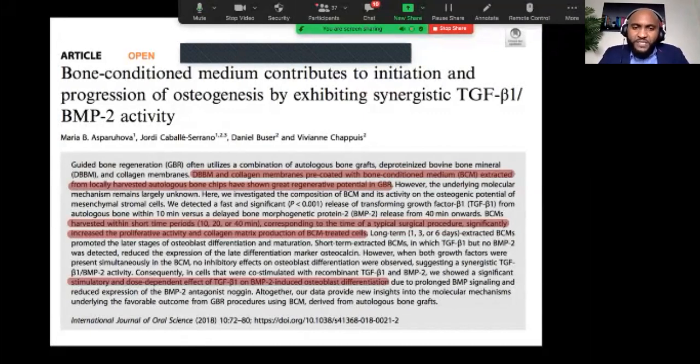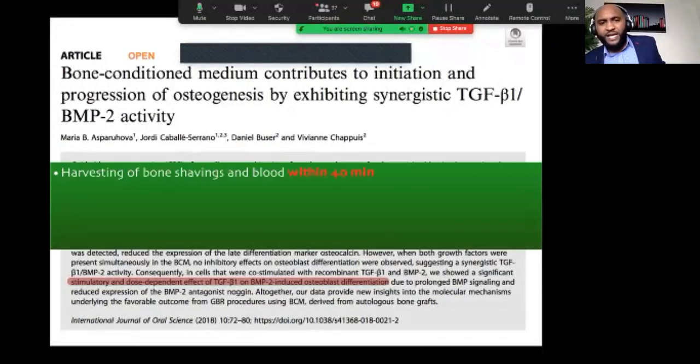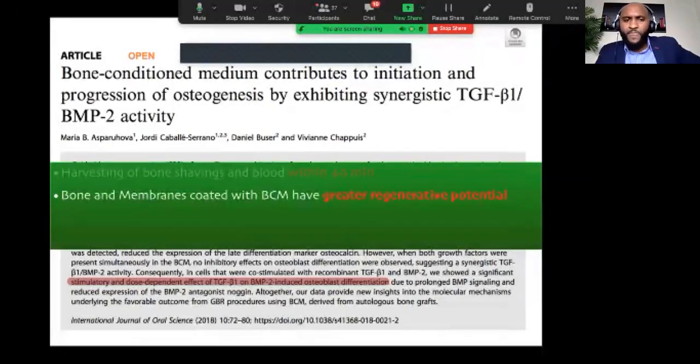You mix those two and leave them for about 40 minutes. By then you will be placing your implant. And what they have demonstrated is that harvesting those shavings within those 40 minutes improves your regenerative outcome.